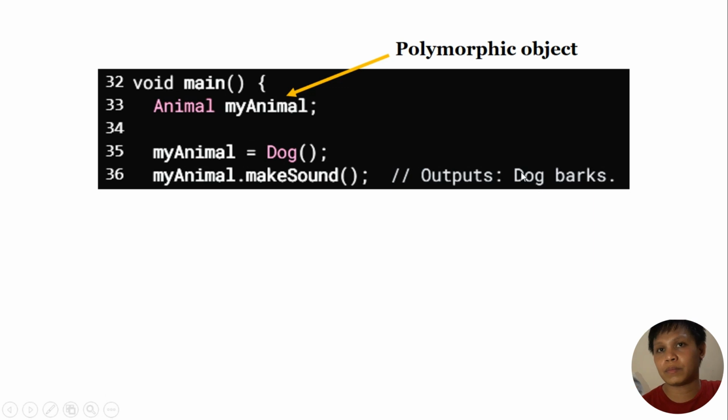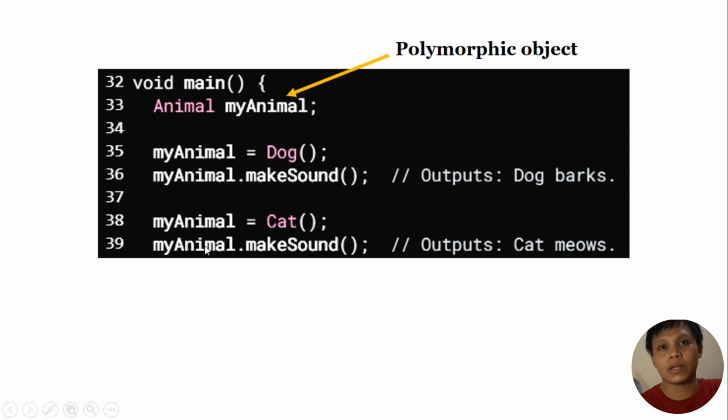Take note of these two lines of code because this is going to repeat in the next couple of codes. In our next code, it's the same, but this time, myAnimal is assigned another object from the Cat class. So technically, our polymorphic object myAnimal changed its form from Dog to Cat.